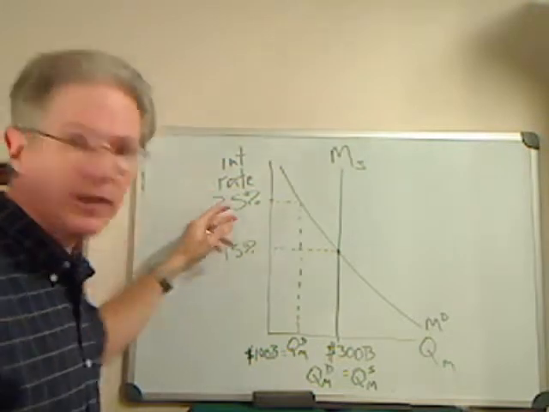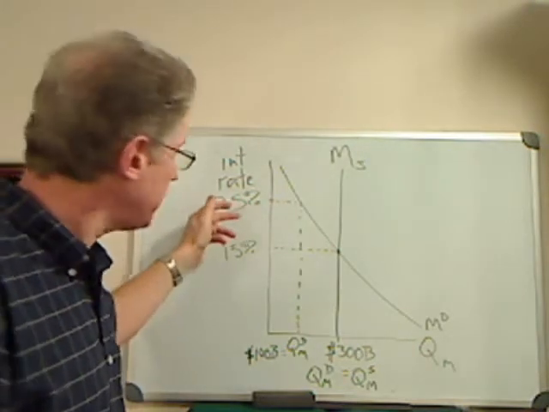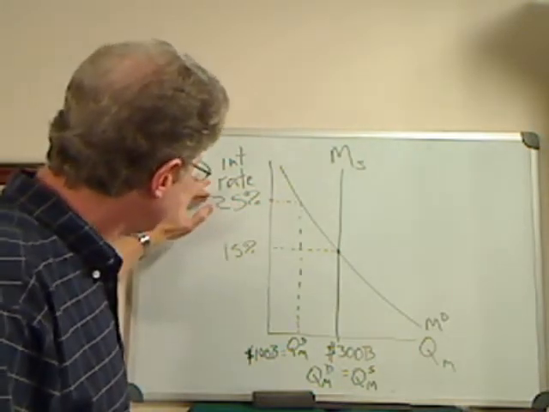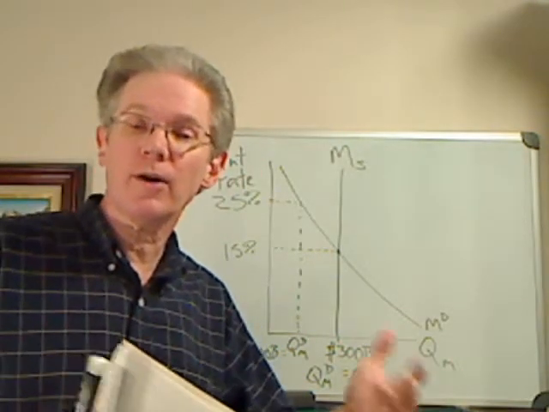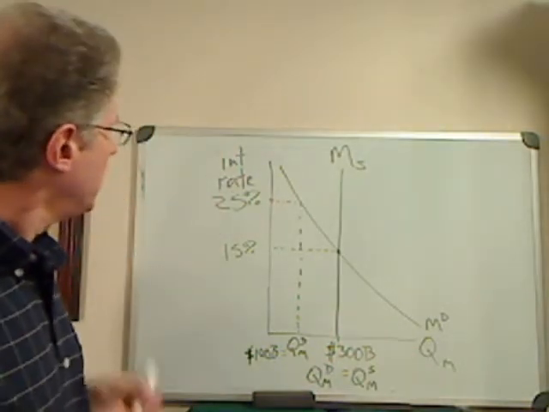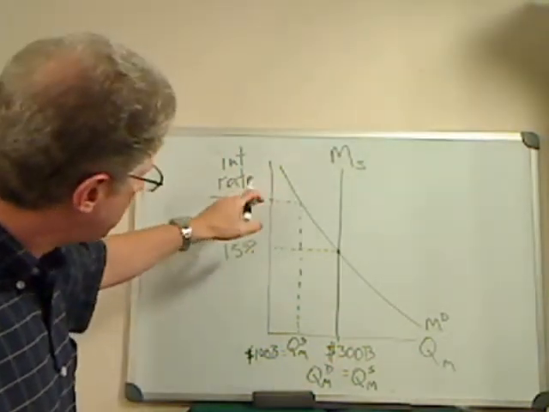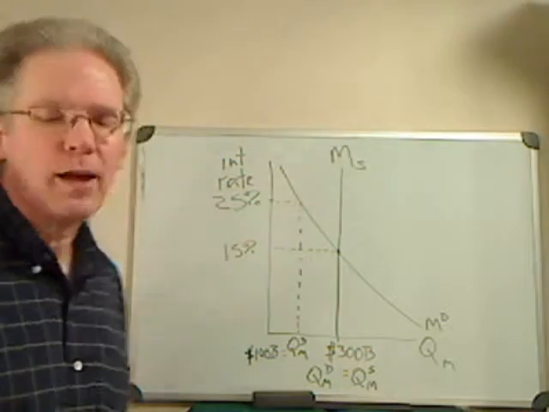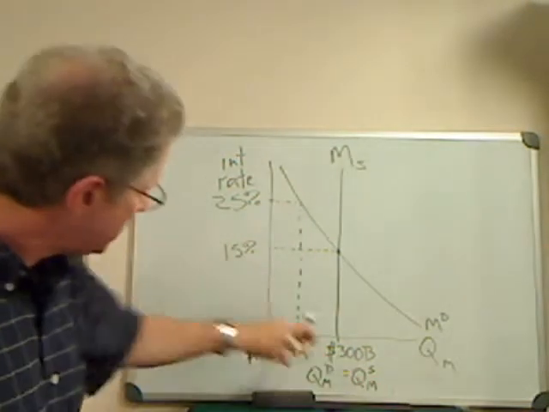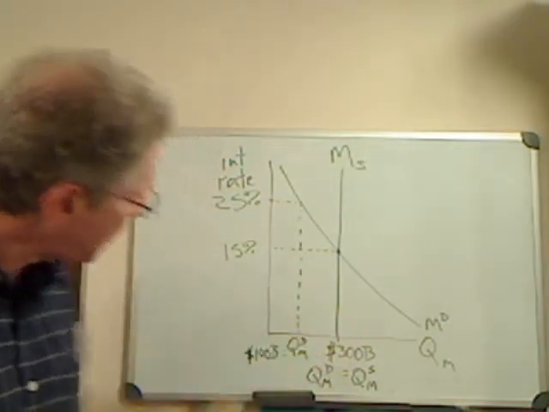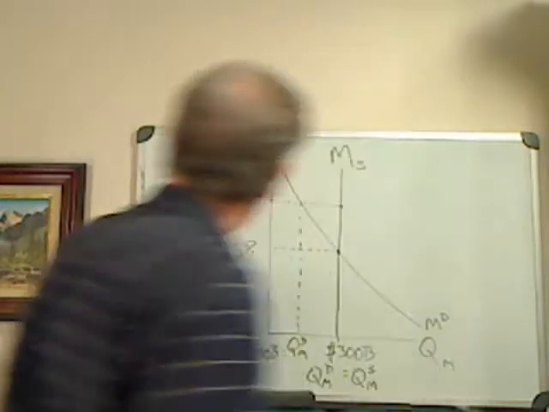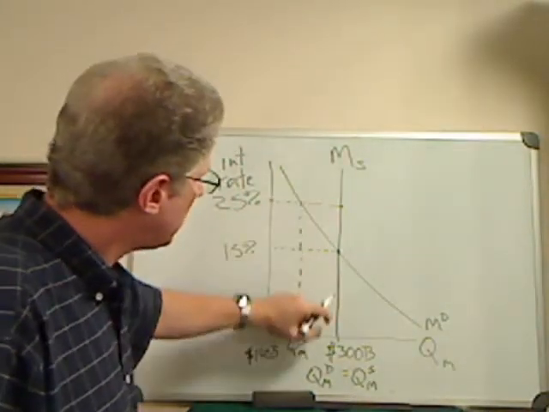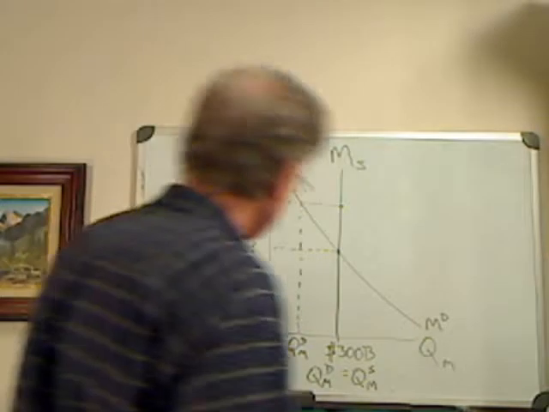Okay? Since interest rates on bonds are high, bonds look attractive at this interest rate. So people want to hold a lot of bonds. They don't want to hold a lot of money. But to know if this is equilibrium, we have to ask, well, how much money will be available? And since the Fed has chosen to supply 300 billion, that means at the 25% interest rate, the quantity supplied will be 300 billion.